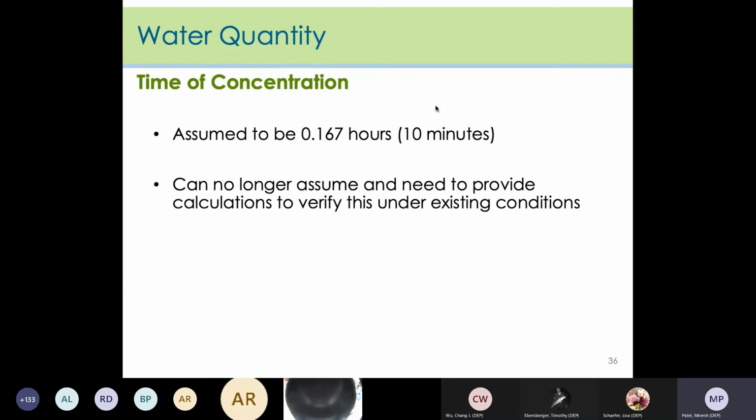They used a minimum time of concentration of 10 minutes, though they used the NRCS method and they didn't show any calculations, so they assumed the wrong way. Using an assumption for the pre-existing conditions is not allowed anymore for the NRCS methodology, and all calculations for the time of concentration must be shown as previously stated in many presentations before this now. So this isn't something new.